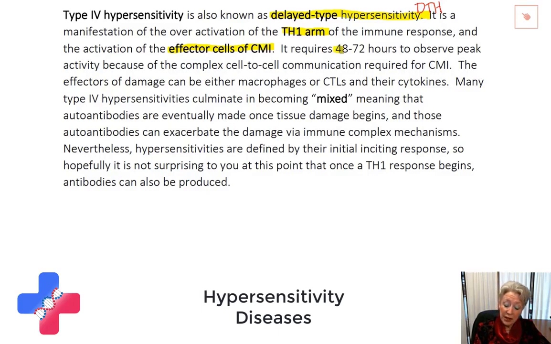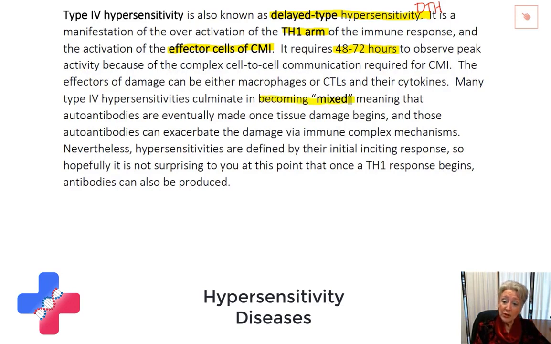It's said to be delayed because it takes 48 to 72 hours in repeated occurrences in order to see the level of cellular communication and traveling and so forth that you need for these very complex cell-mediated interactions. But you shouldn't be surprised, I hope, that many of these end up becoming mixed hypersensitivities.